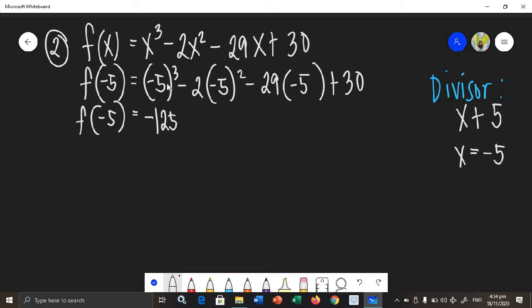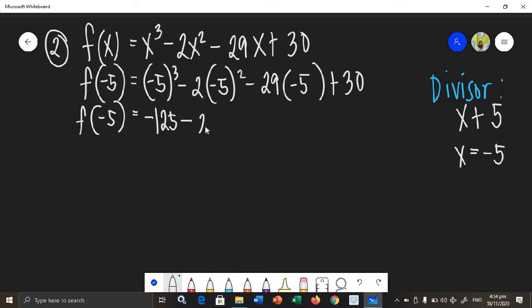So, the answer here in negative 5 cubed is negative 125. I believe kapag pinindot nyo to sa calculator niya, it will give you a positive answer. But then, that is wrong. No, you need to manually compute what will be the sign of your answer. Okay, so don't trust your calculators in terms of expressions like this.